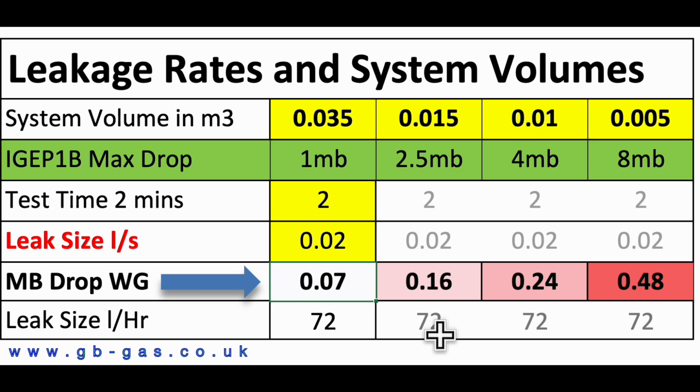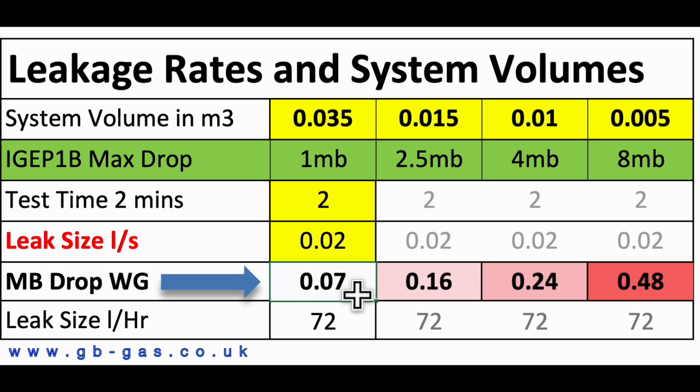We've got a leak size of 0.02 litres per second, or 72 litres per hour, which will dissipate. But the tolerances that we've got there are hugely different in what we will see on the water gauge. As I said, almost half a millibar on the very, very small system, and I'm seeing next to nothing on the very, very large system.